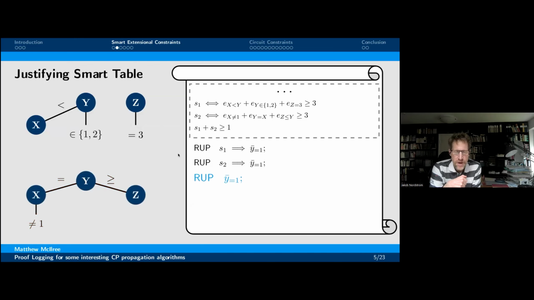But I think what Wietse pointed out correctly, and I was wrong, was that suppose you also want to have the propagation that the bit string actually says that z is equal to 3. In this case, you want the equality variable to propagate to true.